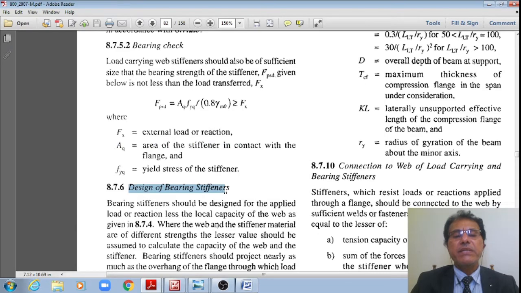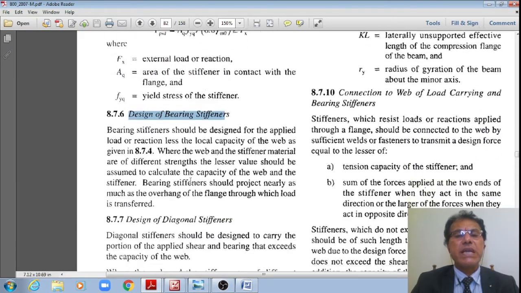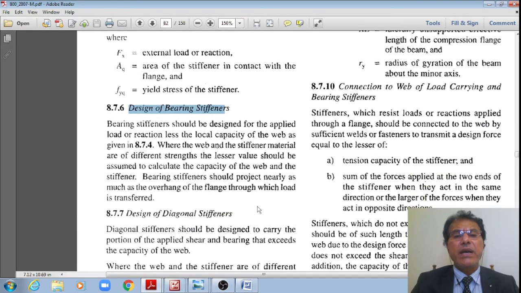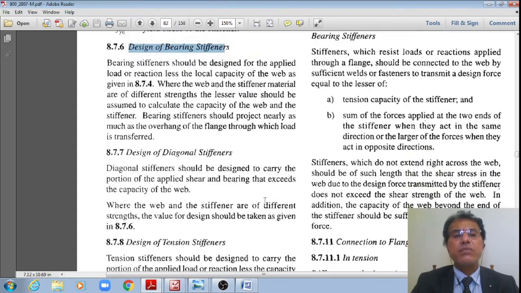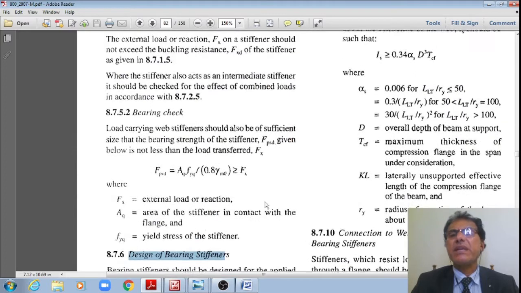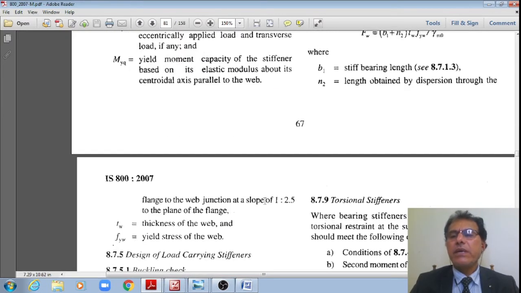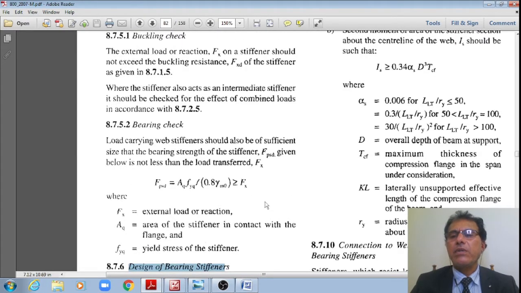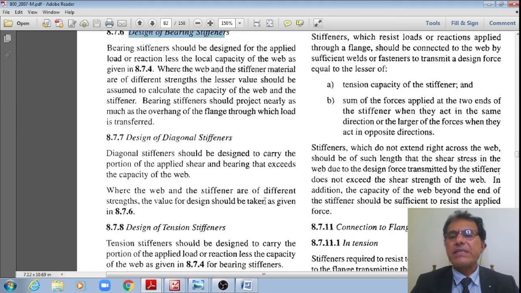For the design of the bearing stiffeners, you just see clause 8.7.1, and the design of diagonal stiffeners should be as per the next clause, and that of the tension stiffeners is also discussed, right? I will not go through this. Torsional stiffeners, how they need to be designed, are also discussed, right?